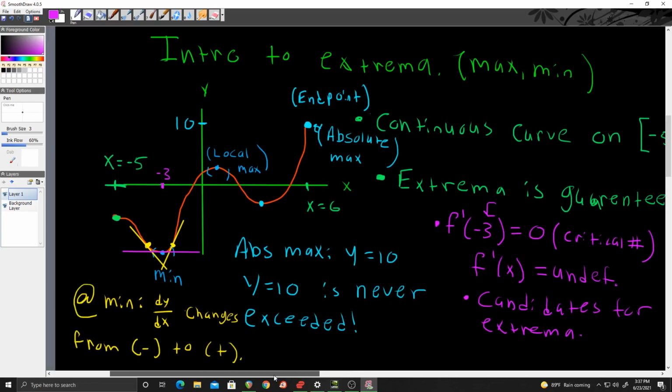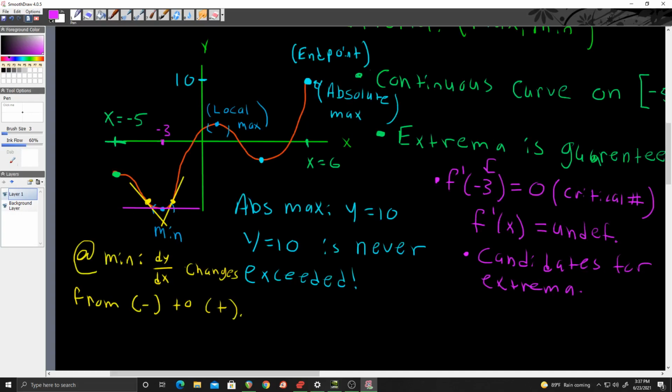So good. Now let's look at the maximum here, and we can go through this a little faster because it's the same type of reasoning, just in reverse. If I look at the derivative, here's the max. If I go to the left of the max, notice the function is increasing.